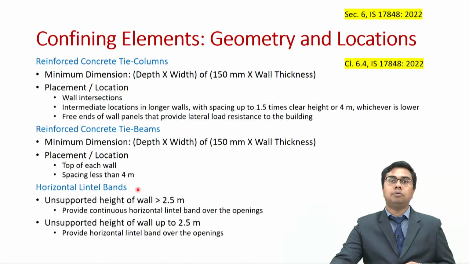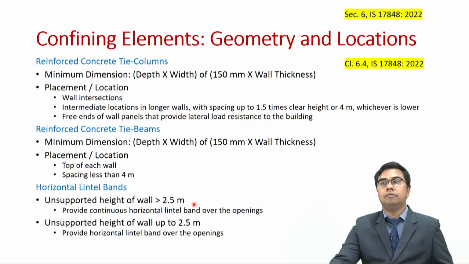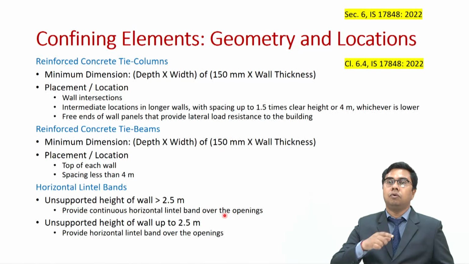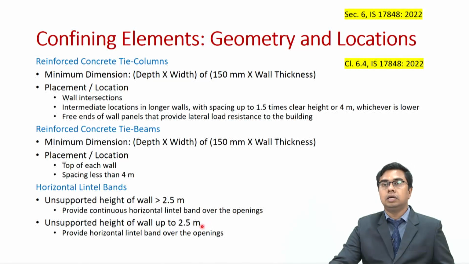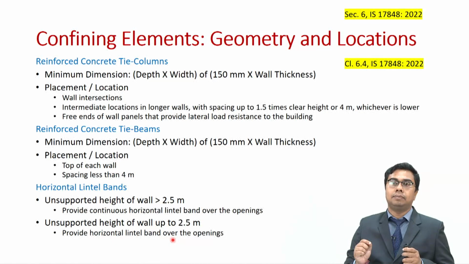If your unsupported height of wall is more than 2.5 meter, we need to provide a continuous horizontal lintel band over the openings. If your unsupported height of wall is up to 2.5 meter, then we can provide the horizontal lintel band over the openings separately. What does it mean?